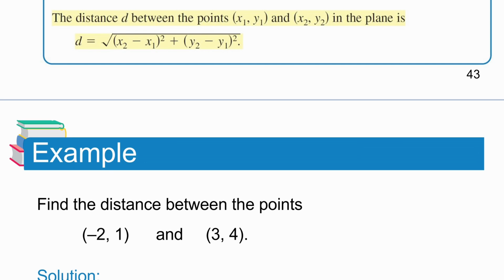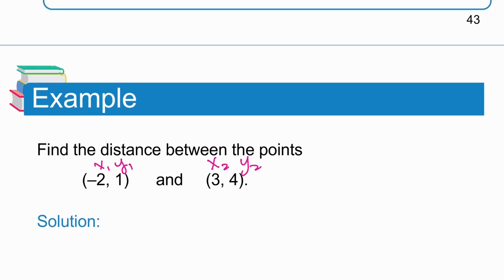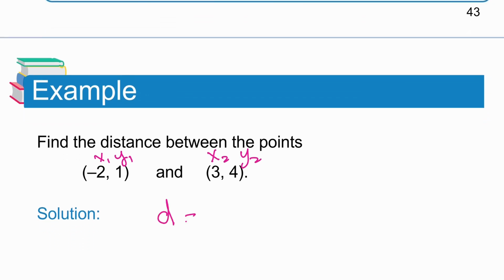Now we can take that distance formula and apply it, and say, okay, I want to compute the distance between these two points. I can say this is my x1, y1, and this is my x2, y2. Now my distance is going to be the square root.